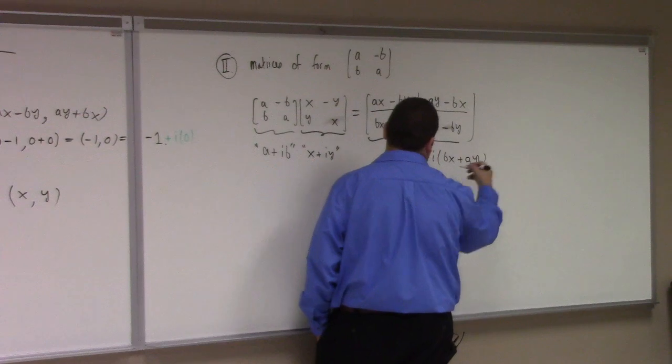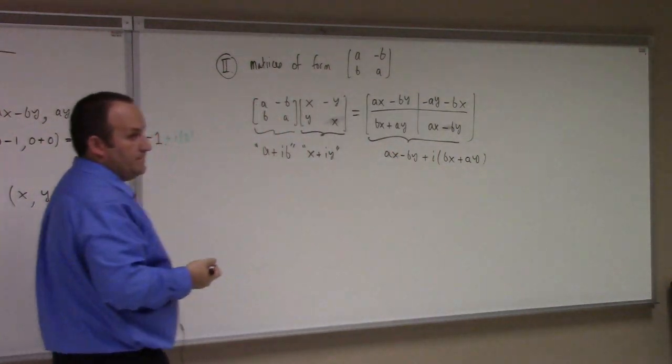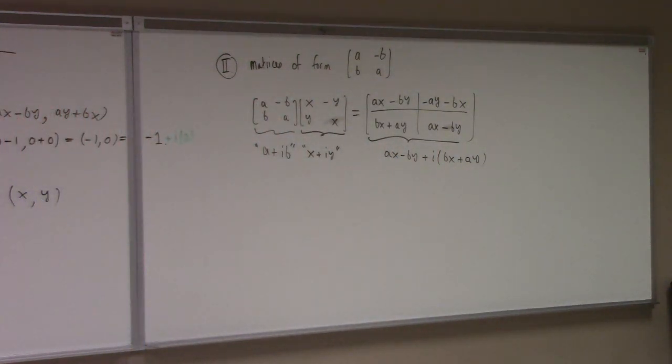It represents that complex number, right? So these 2 by 2 matrices reproduce complex multiplication simply as matrix multiplication. So that's another way you could construct complex numbers, just as 2 by 2 matrices.